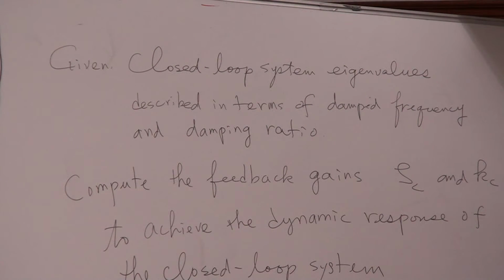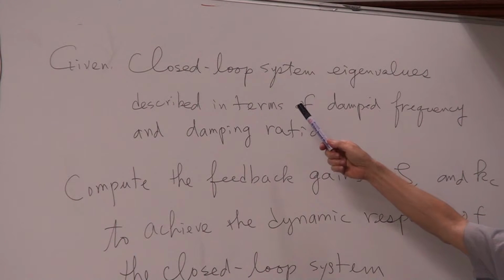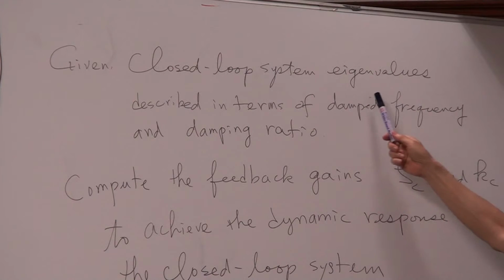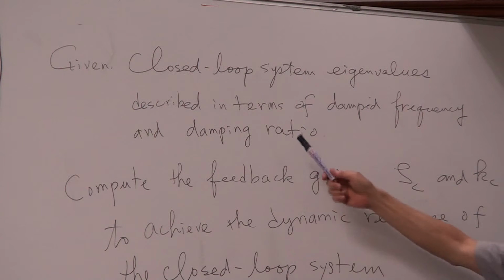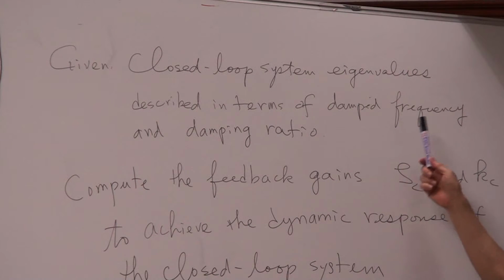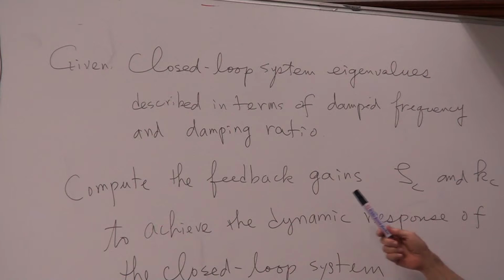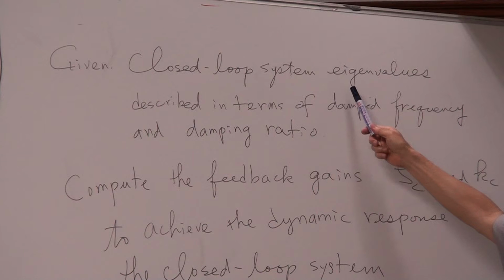Okay. See, this problem really tries to do this. I give you the closed-loop system eigenvalues, in terms of the damped frequencies and damping ratio, and I want you to compute the feedback gains to achieve the dynamic responses of the closed-loop system.